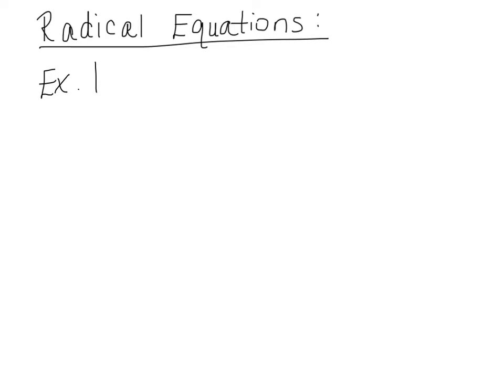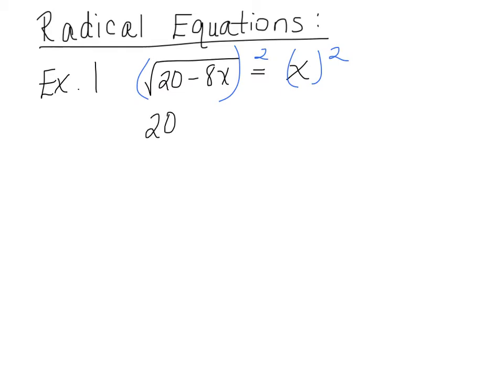And so our point is to get rid of the radical. And you do that by squaring both sides, because a square and a square root cancel each other out.